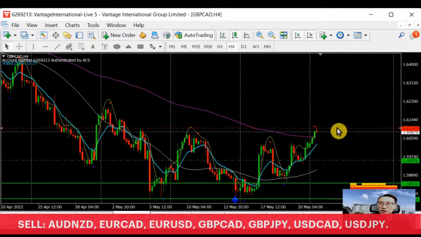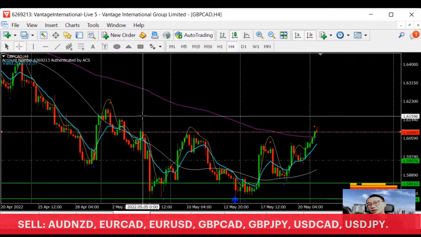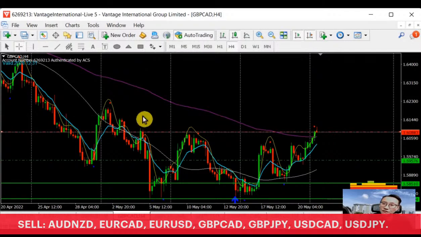Now as you can see, it actually went to test the resistance here, which is the 5th of May. After the retest, the rejection comes in.